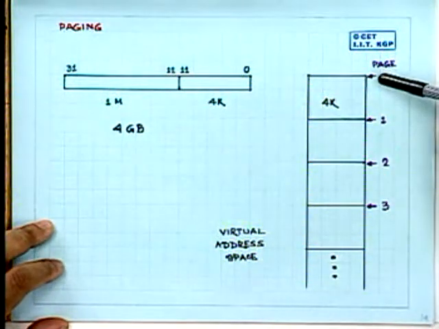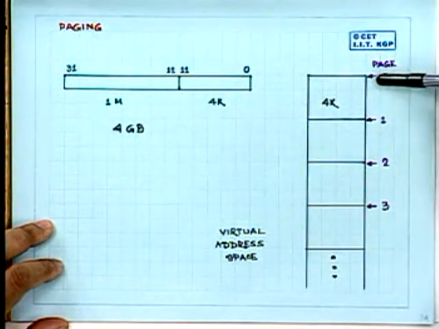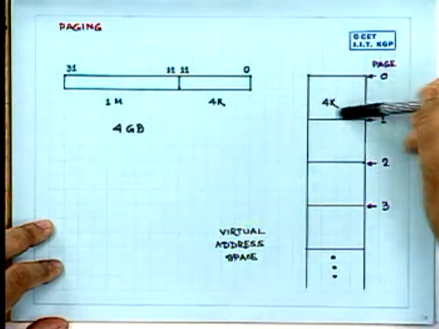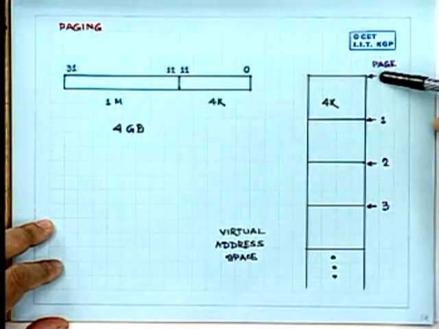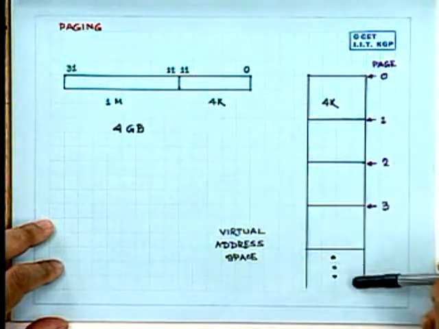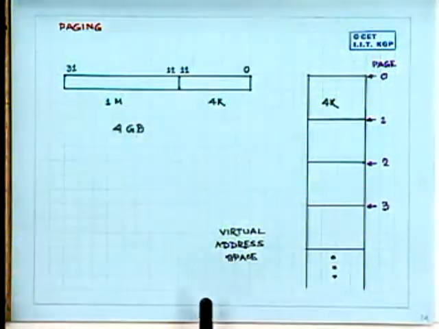You see that there are basically 4K bytes within a page, and page 0, page 1, page 2, page 3, that way 1 million such pages can be there.